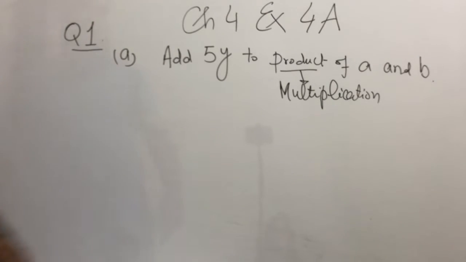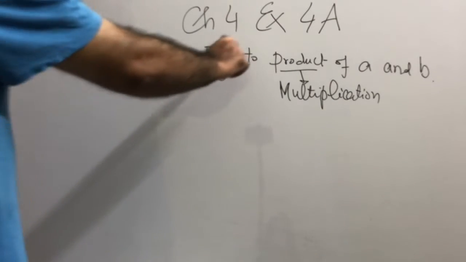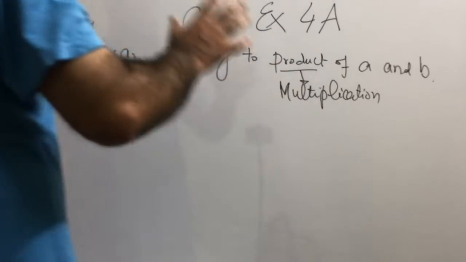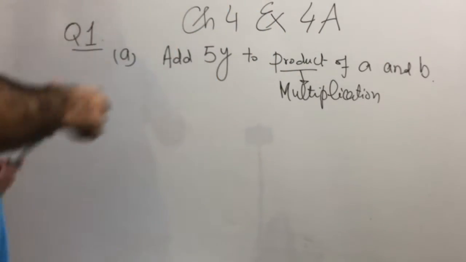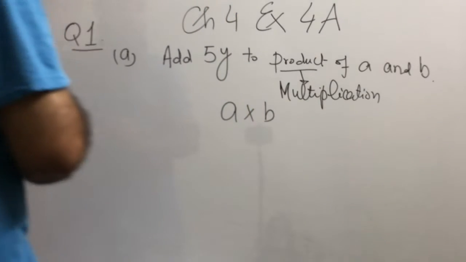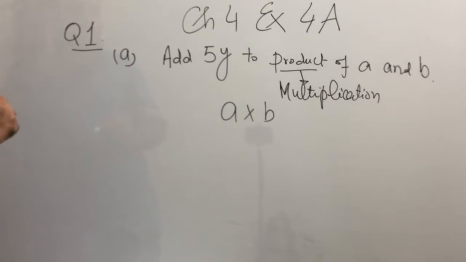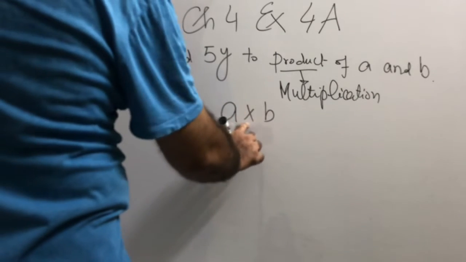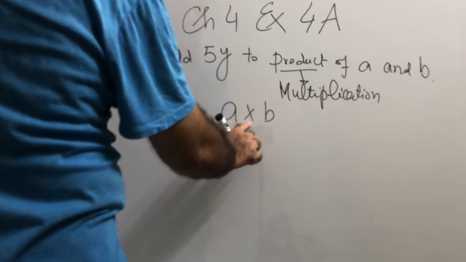So they say add 5y where? To the product of A and B. So first we must know what is the product of A and B. Product of A and B is A multiplied by B. But in algebra, there is no need of writing the multiplication sign.